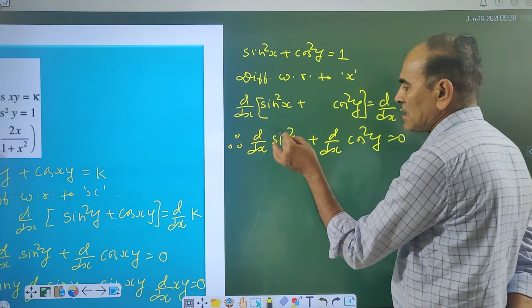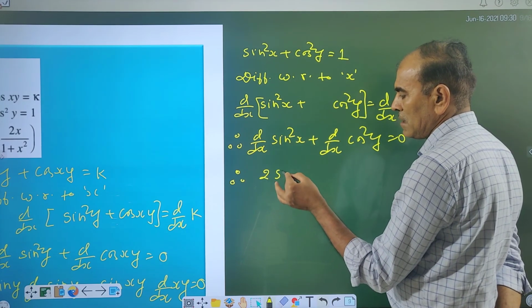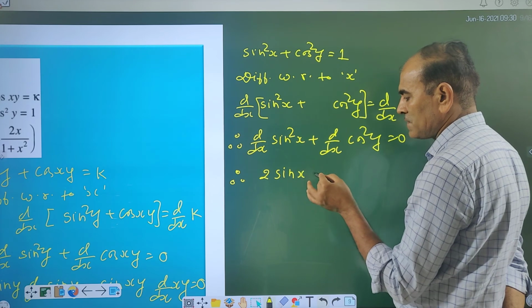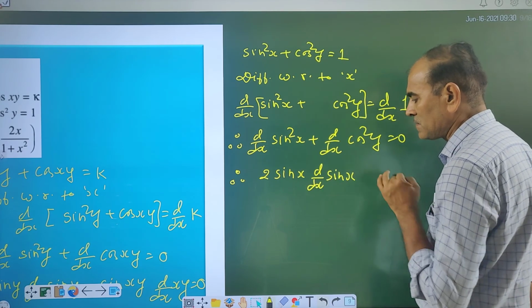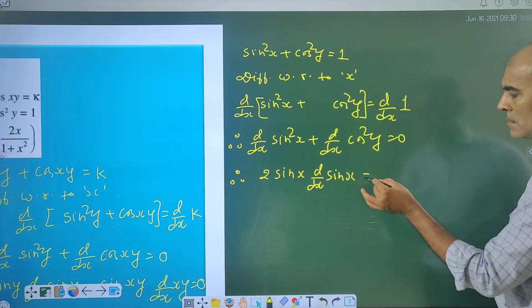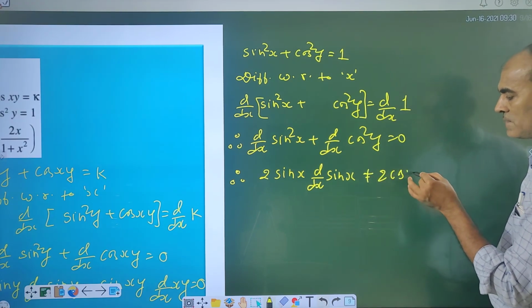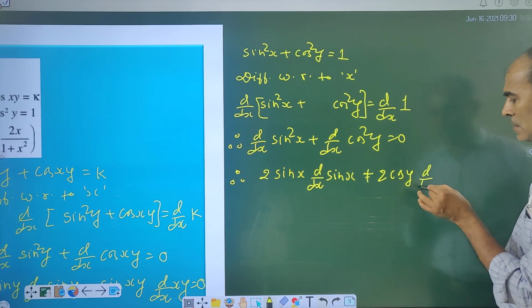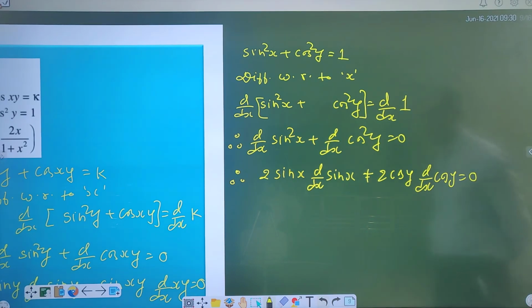What is the derivative of sine something square? Some function square gives 2 times some function d by dx of some function, equal to 0.